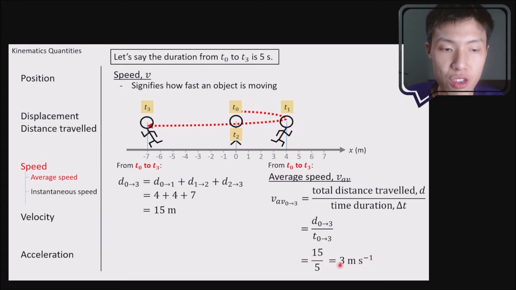If you cover 3 meters for every second that has passed, then you'll be able to finish the distance traveled within 5 seconds. That's the idea of average speed.